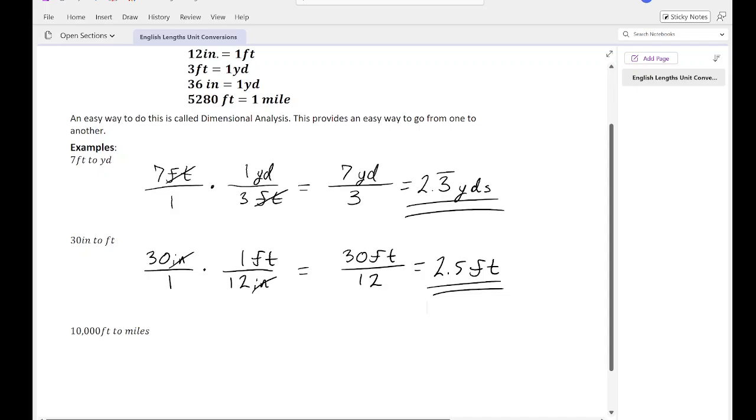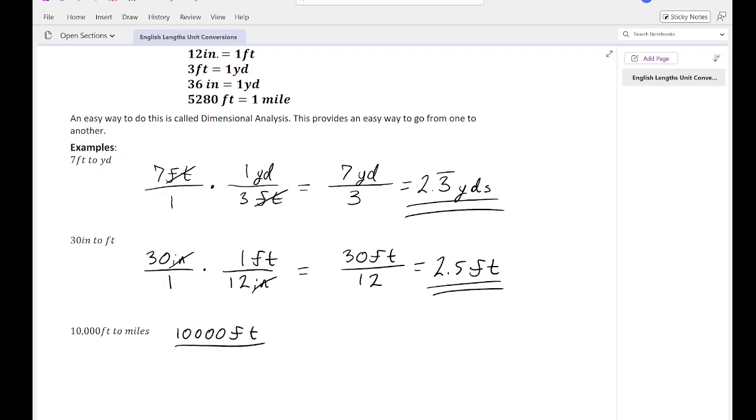Let's look at this one here, 10,000 feet to miles. All right, this one's going to be a little bit different, but again, we're going to start off normally. We start off with our 10,000 feet divided by 1. We just start off with that. Now I'm going to go to miles. So I'm looking for something with feet to miles, miles to feet.